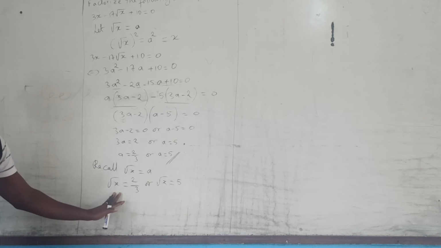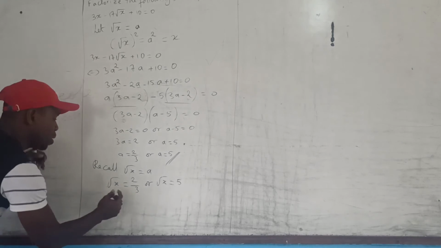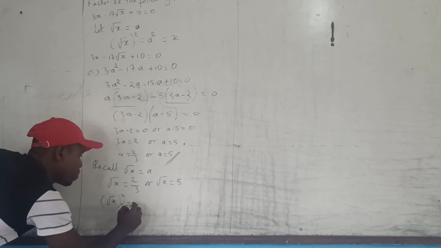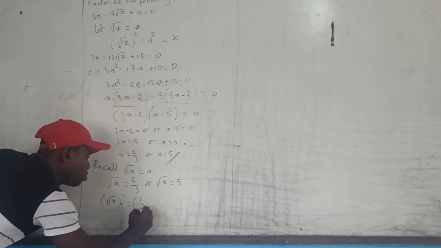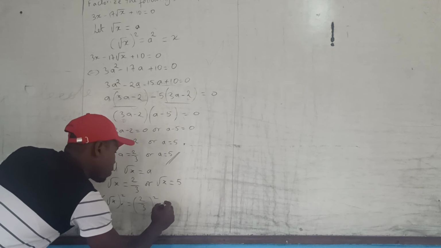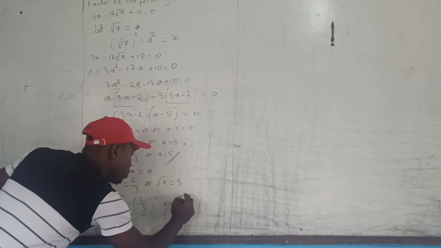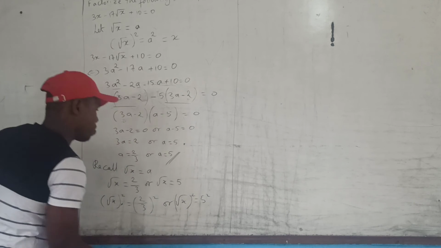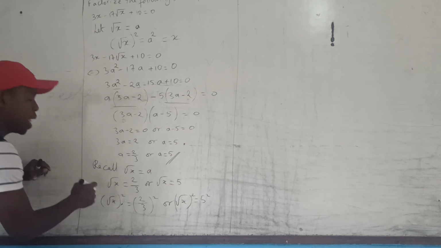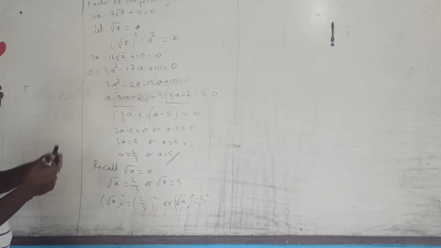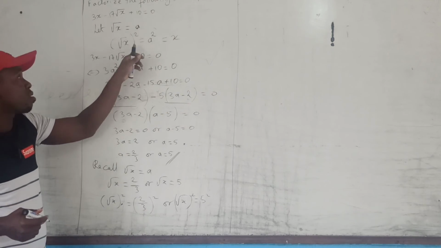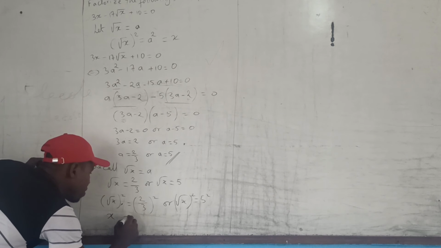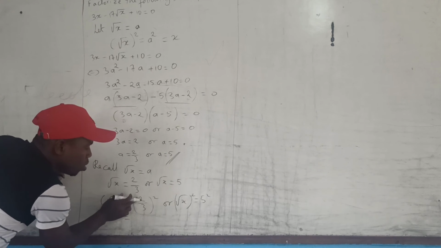So you cannot stop here. You have to get the value of x. So that means you will square both sides. That's square root of x square is equal to 2 over 3 square, or square root of x square is equal to 5 square. So square root of x square is equal to x. As you said here, square root of x square is equal to x. So therefore, to give us x is equal to 2 over 3 square.